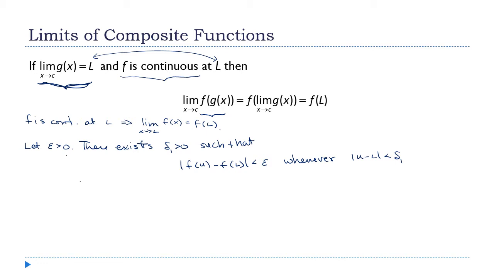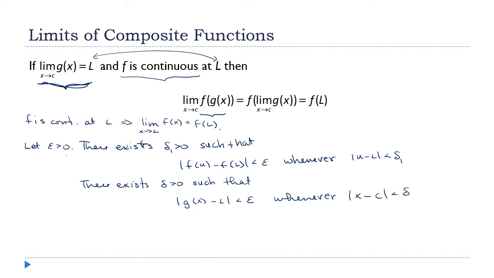For that epsilon, there exists delta greater than 0 such that the absolute value of g of x minus L is less than epsilon whenever the absolute value of x minus c is less than delta. Okay, so far I haven't done anything really super creative. I've just quoted the definition twice.